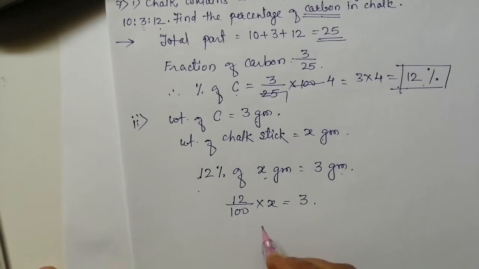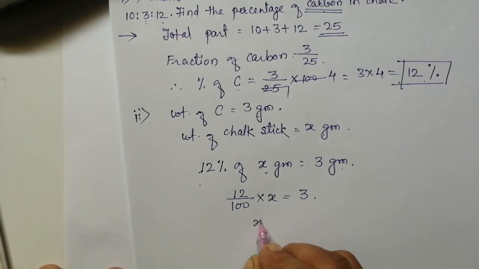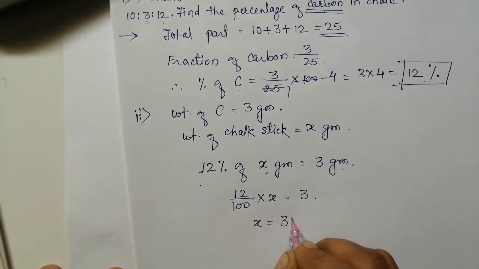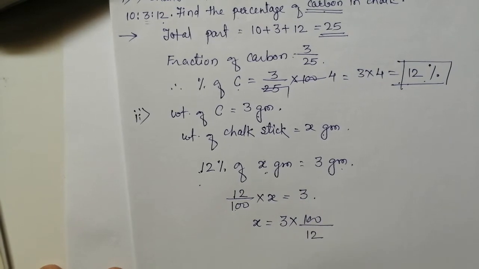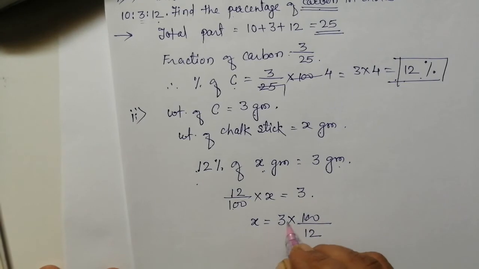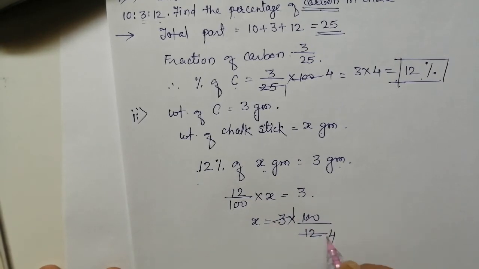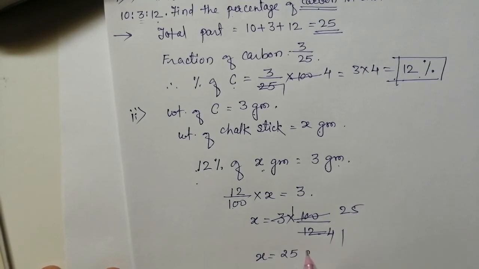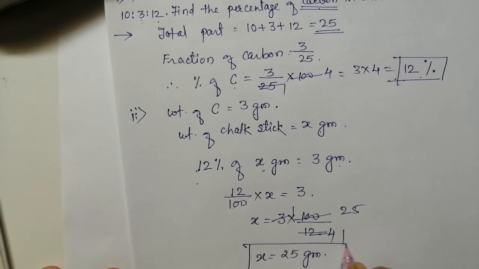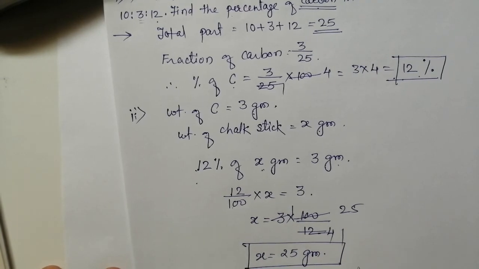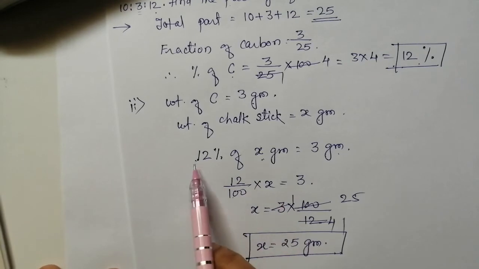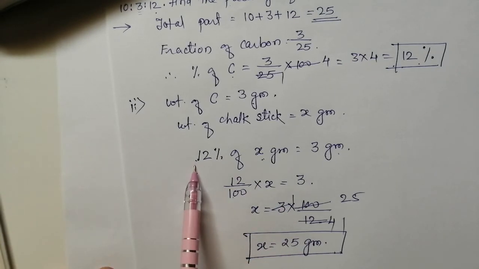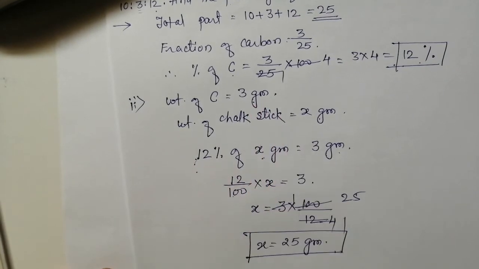So x will keep as it is, and this 3 we multiply this way: 3 1s are 3, 4 1s are 4, 4 2s are 8, 4 5s are 20. Means x is equal to 25 gram. 25 gram is the weight of one chalk stick, and from that 12% is carbon, that means 3 grams of carbon.